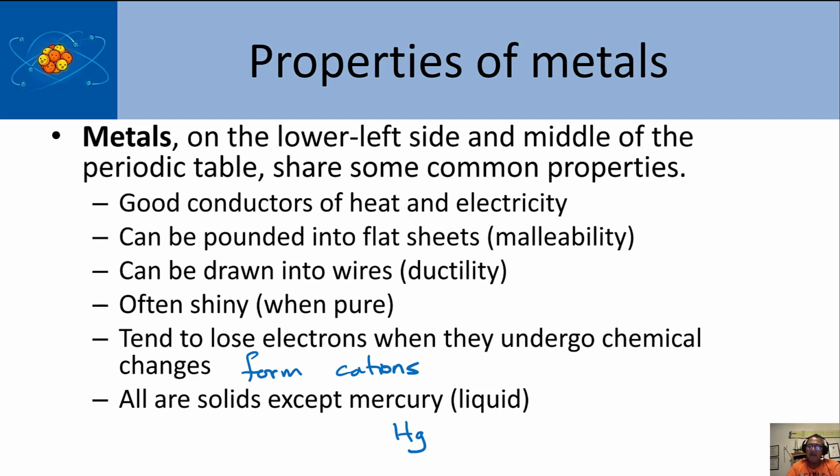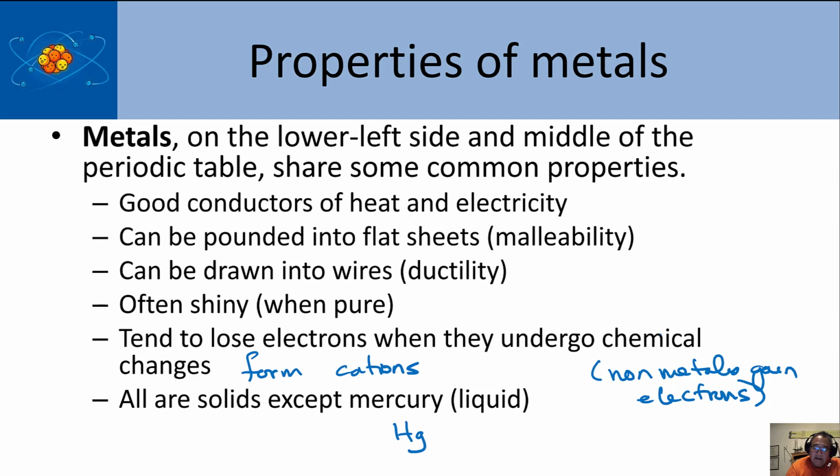So if you think about the properties of metals and nonmetals, they're basically the opposite, okay? Many of the nonmetals are gases, although there's a lot of them that are solids, okay?